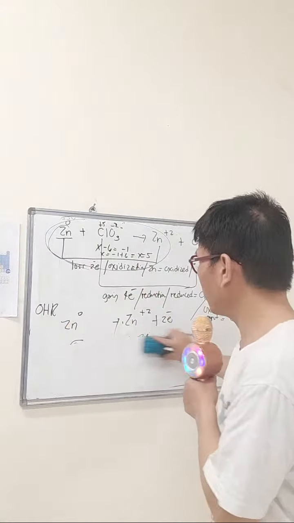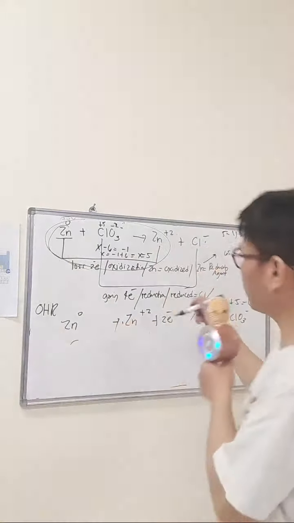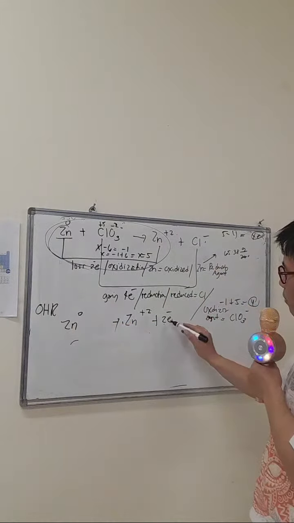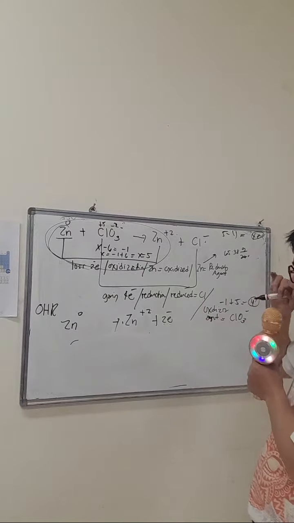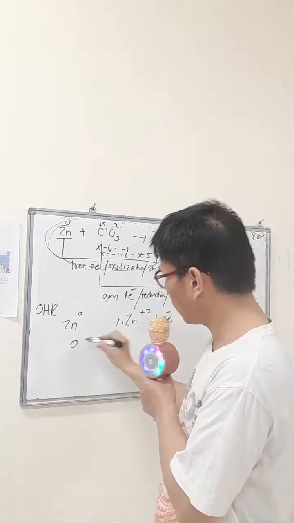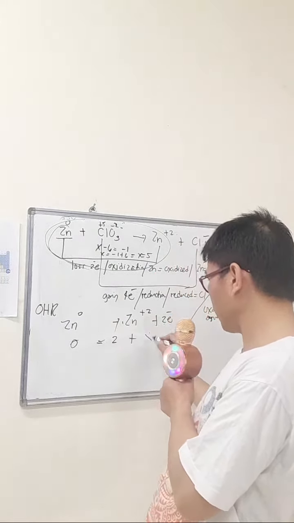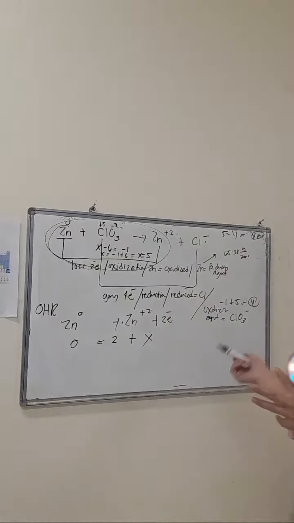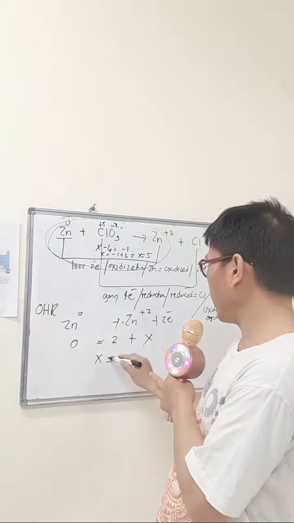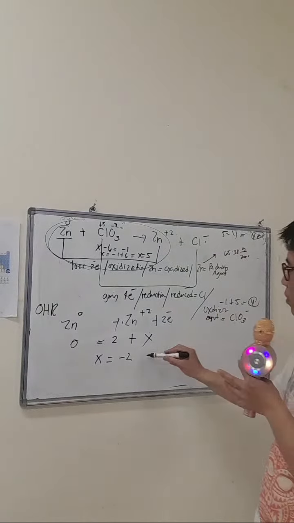So don't memorize, just understand. Don't think that this positive 2 will automatically become the 2 electron charge here. No, it's not. Just go to the balance of the charges. So 0 is equal to 1 times 2, so 2, plus x. Therefore x is equal to -2, and as I told you, every negative is electrons, so 2 electrons.